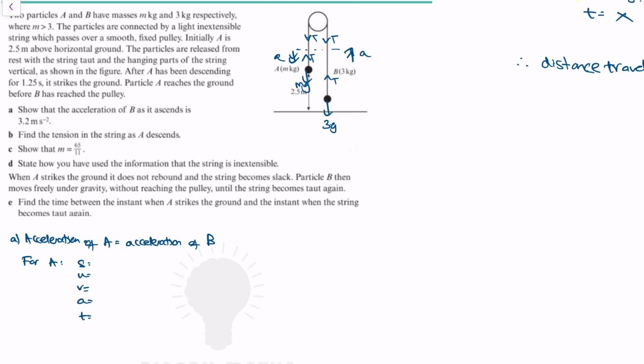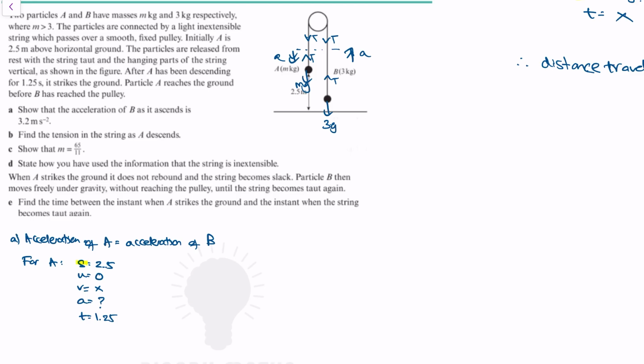We know A has traveled 2.5 meters when it hits the ground. So s is 2.5, initial speed is 0, we don't know the final speed, we're trying to find the acceleration, and we know it hits the ground 1.25 seconds later.